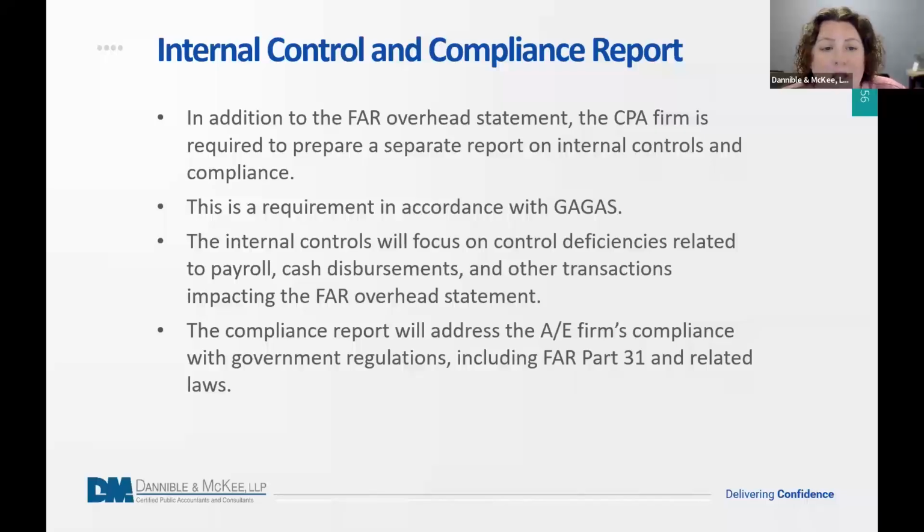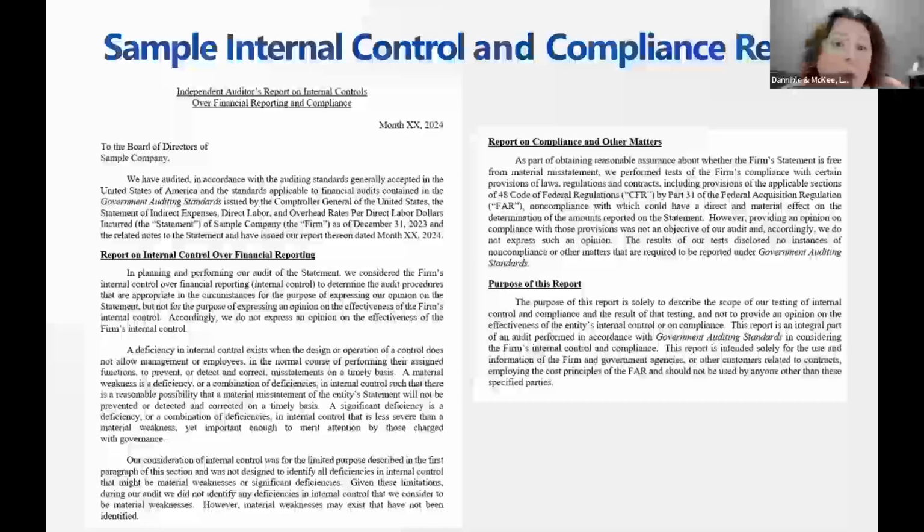So typically, if you know you're going to need an audit report in a year or so, you want to contact us now so that we can work with you to get your books and records compliant, so that when it comes time to do a FAR audit, you're not having a deficiency reported on this compliance report. Most state agencies request a copy of it, and this is a sample of that report.